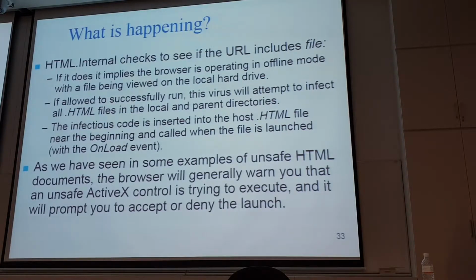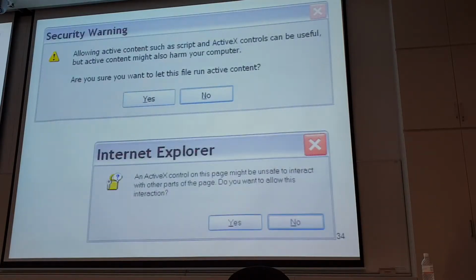Okay, so if you have code like this in a web page and you open it, the system will give you a warning. It says there is active content inside the web page. Similarly, when you open an Excel file with a macro, it will also give you a warning saying there is a macro inside, so do you want to continue or not?